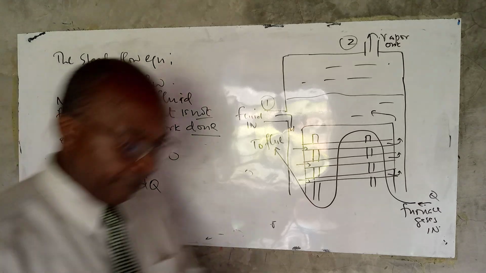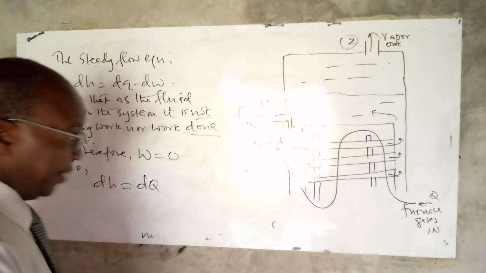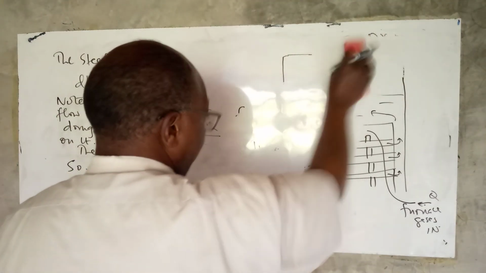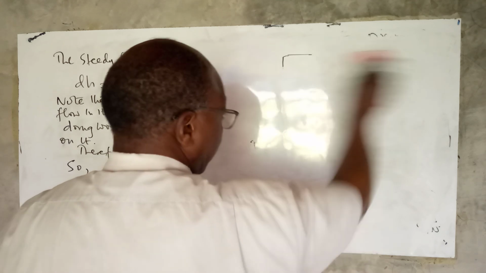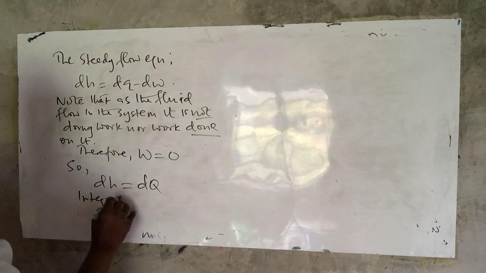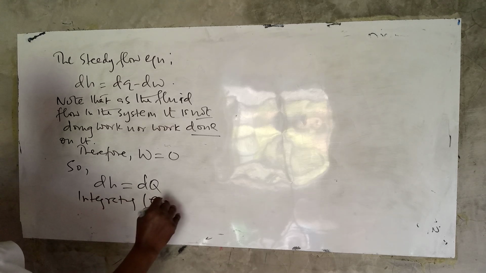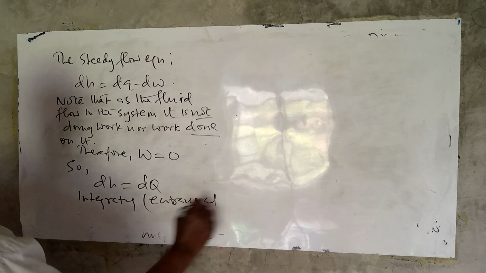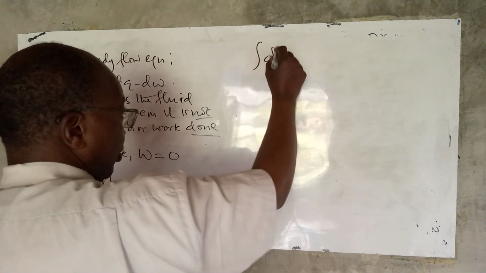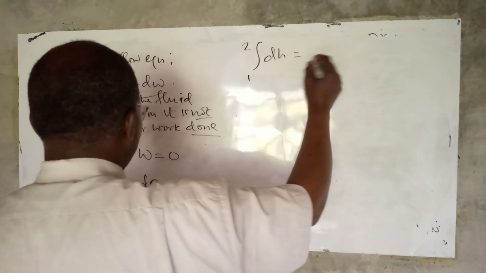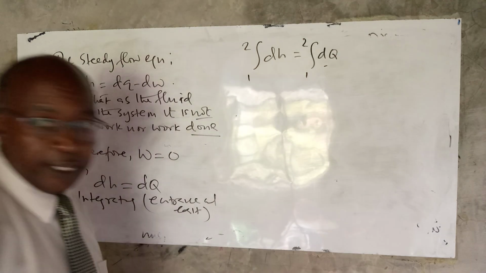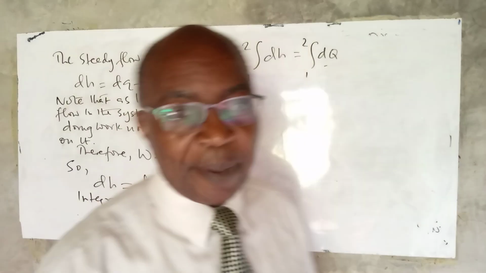And of course, if you take it between the two limits, that's the entrance and the exit, that is integrating between entrance and exit as our limits, then we have the integral of dH from 1 to 2 is equals to the integral of dQ from 1 to 2. Always remember, Q and W, that is work and heat, are path functions.